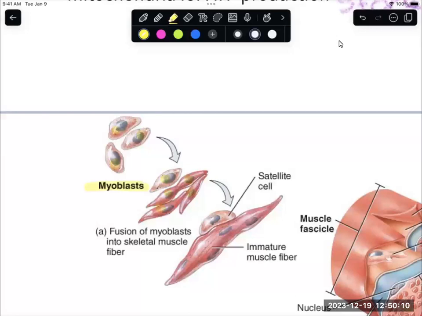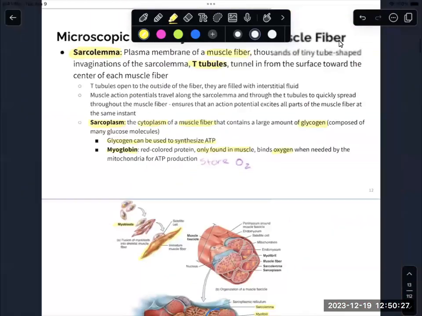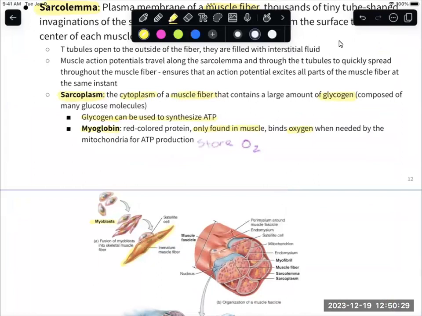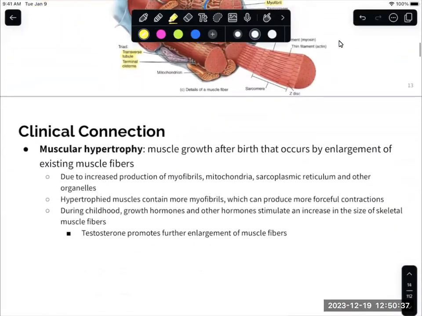As these myoblasts fuse together, this muscle fiber that is developing is keeping all of its nuclei. So muscle cells have lots of nuclei because of the way that they fuse together during development.